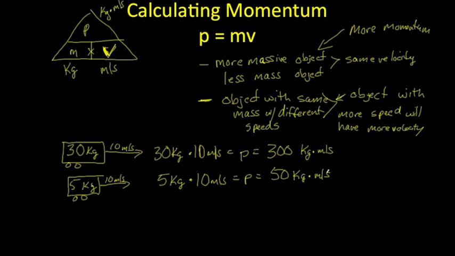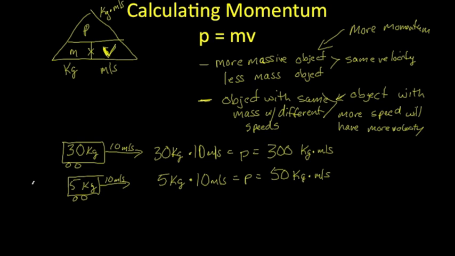If you think about football, if you have a running back that weighs 150 pounds running a 4.5 second 40, and you have another running back who's 250 pounds running the same speed, the larger running back is going to have more momentum.